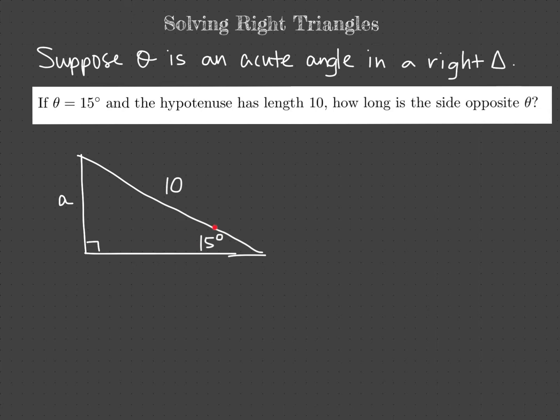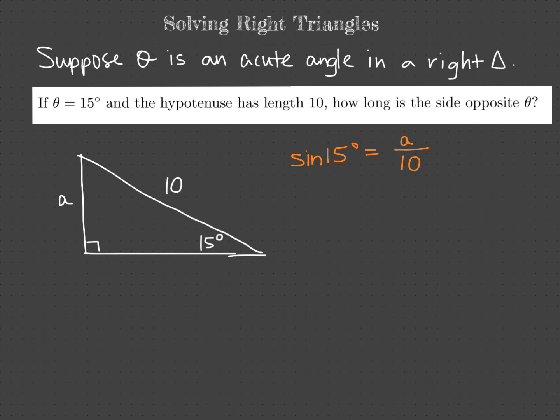From our 15-degree standpoint here, A is the opposite side and 10 is the hypotenuse, and out of SOH, CAH, and TOA, sine deals with opposite over hypotenuse. So we're going to use sine to solve for A. We'll have that the sine of 15 degrees equals the opposite A over the hypotenuse 10.